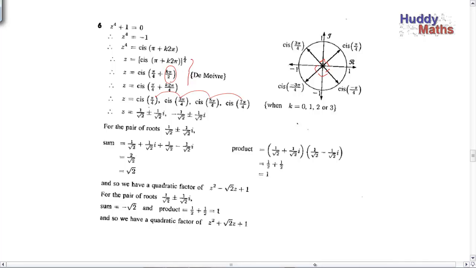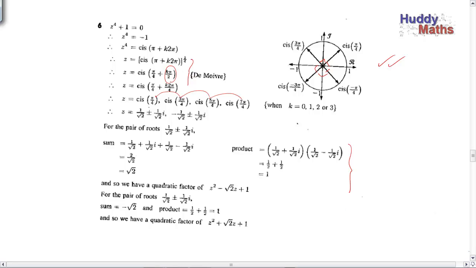So the angle there is going to be pi on 2, equal spacing of 90 degrees. Wonderful mathematics. Have a look down here at the sum and product of the roots, and again they occur in conjugate pairs, giving rise to a real quadratic factor.